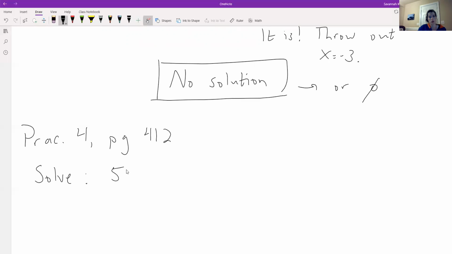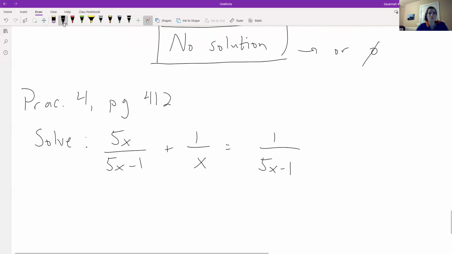And we're told to solve this. Every denominator has got an x in there somewhere. So that'll be fun. Every denominator is going to give us some possibility for an extraneous solution.